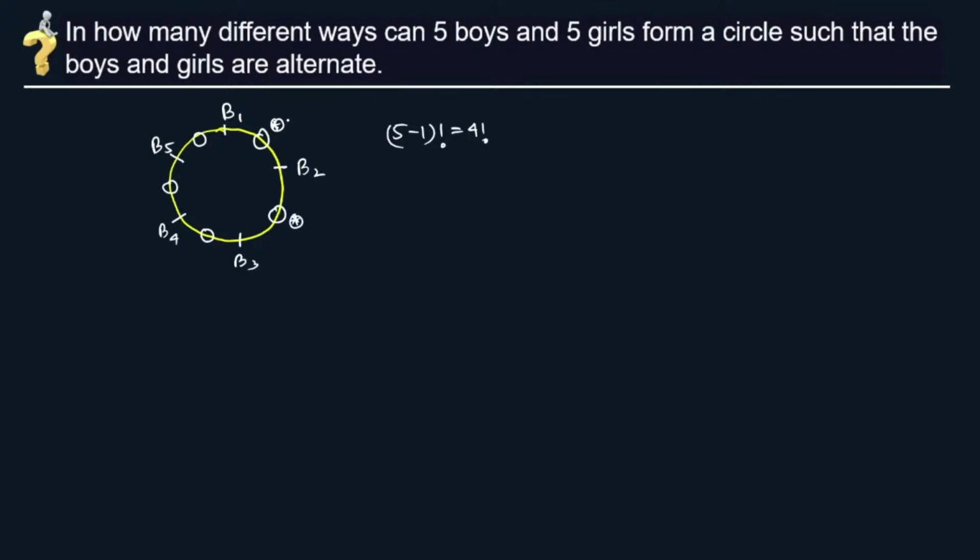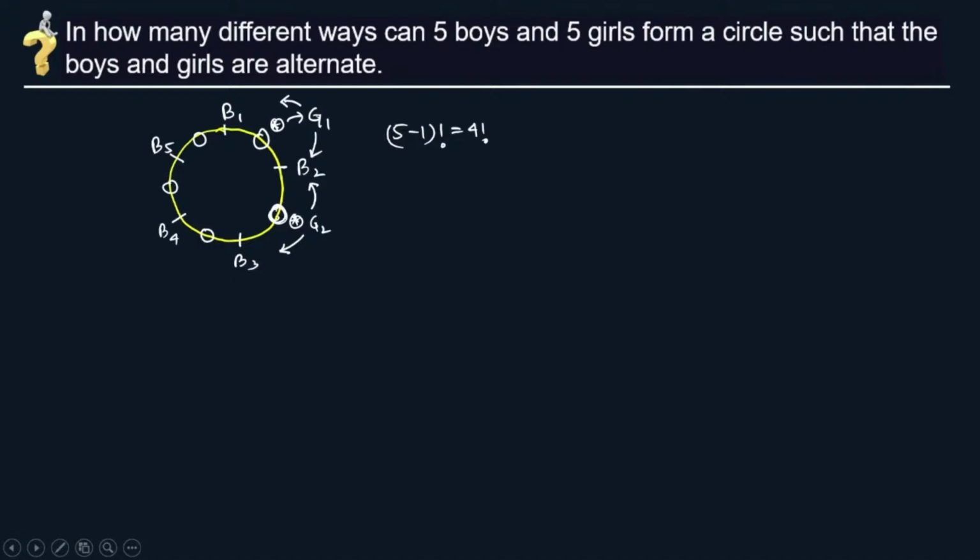Because if G1 comes to this seat, on the right hand side of G1 we have B1, and on the left hand side we have B2. So this seat is defined. If G2 takes her place on the next seat, on the right side of G2 it is B2, and on the left side we have B3. So these 2 seats are different, they are not the same.